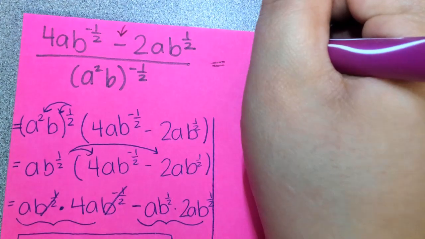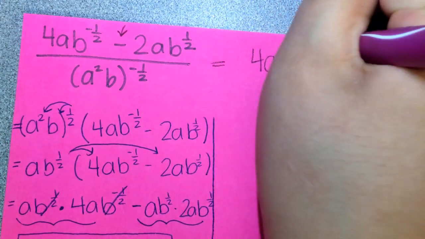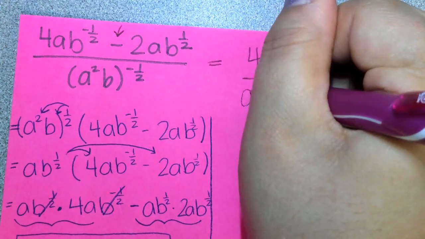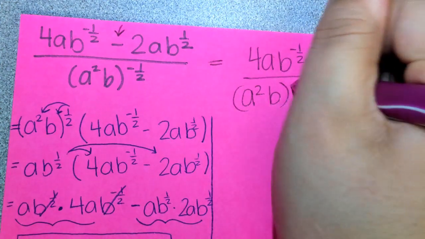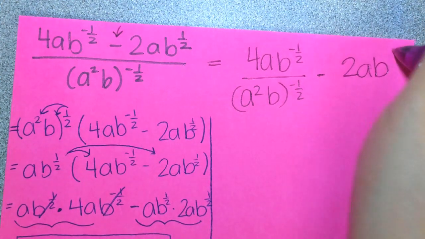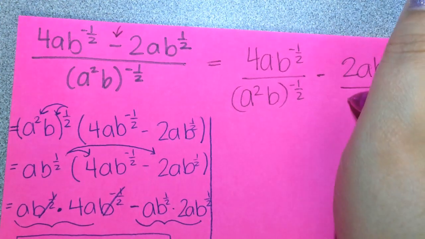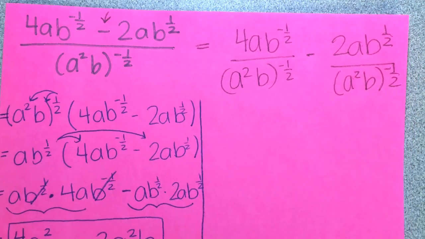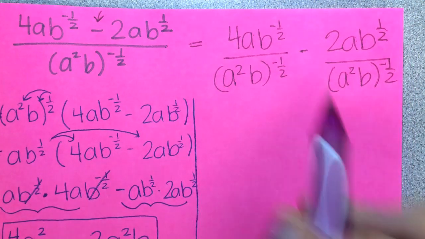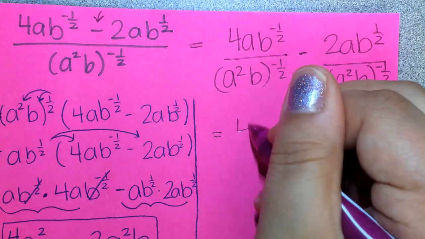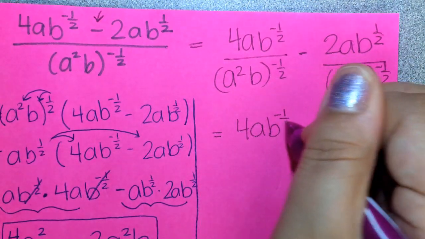I could split this and do 4ab to the negative 1/2 over a squared b to the negative 1/2 minus 2a. You don't need to write this down unless you want to, but I just want to show you another way to approach this. I'm going to distribute this exponent at the bottom, so I'm going to leave this.